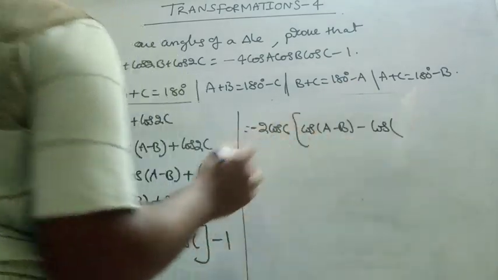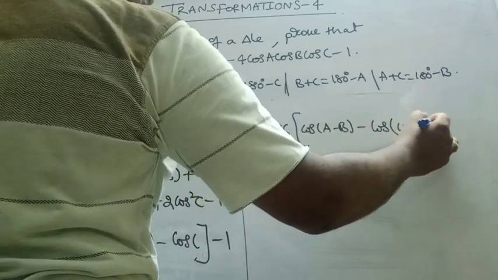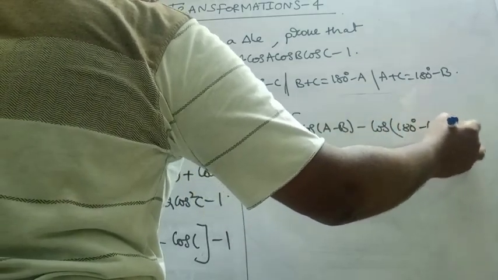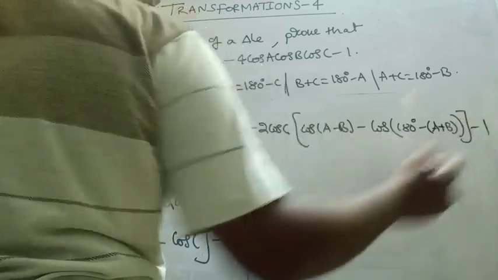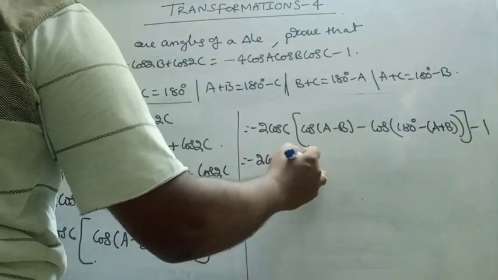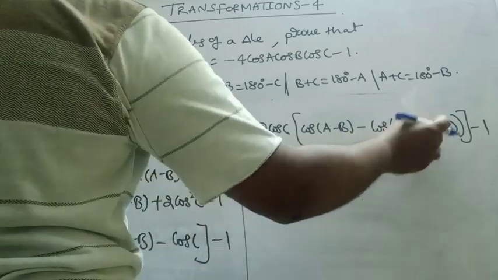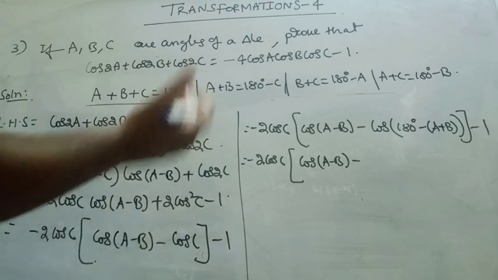Cos of C, C is nothing but what? 180 degrees minus (A plus B), we know that already, and minus 1. Minus 2 cos C times cos (A minus B) minus cos (180 minus theta), which is minus cos theta.